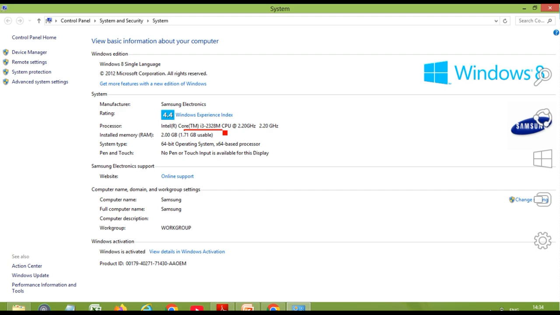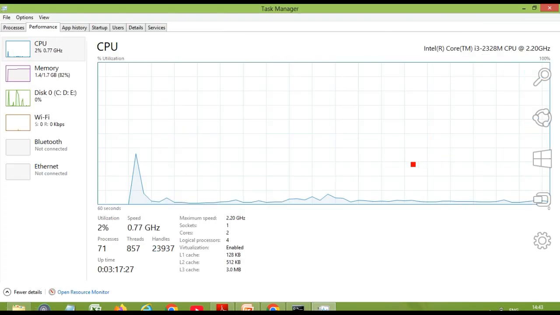This is the processor I have in my laptop. If I see the CPU, it has 2 cores and 4 logical processors. What is the meaning of this?